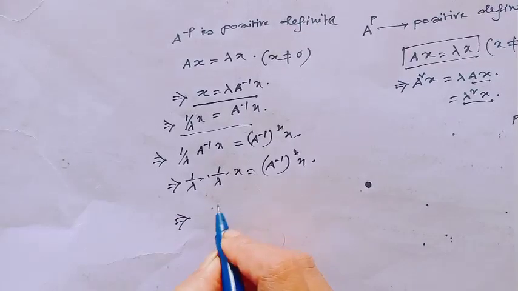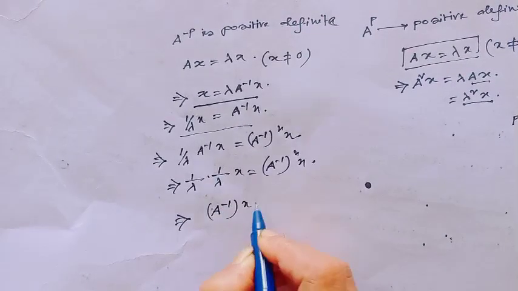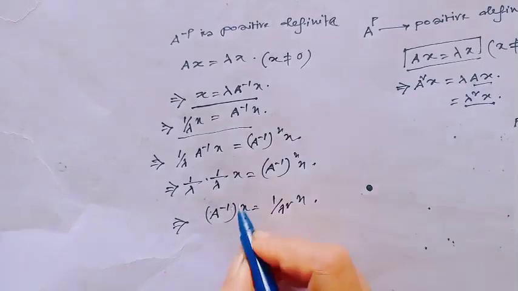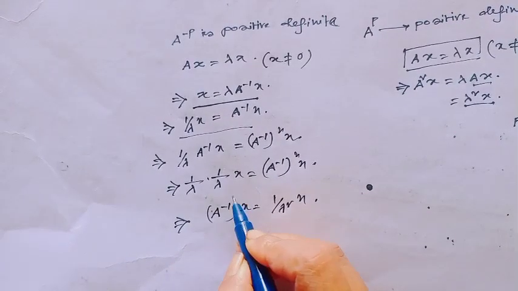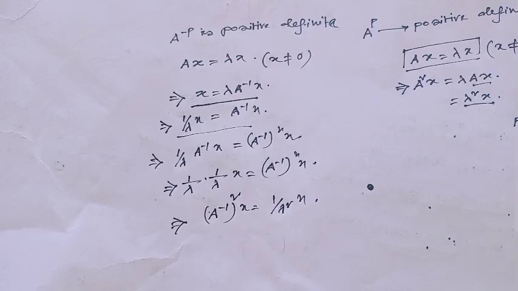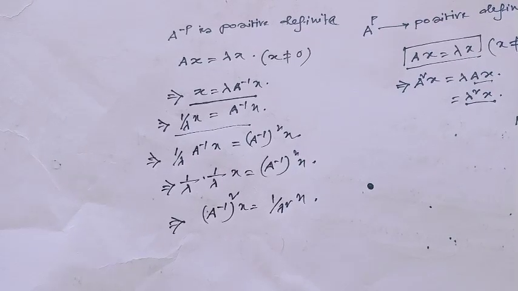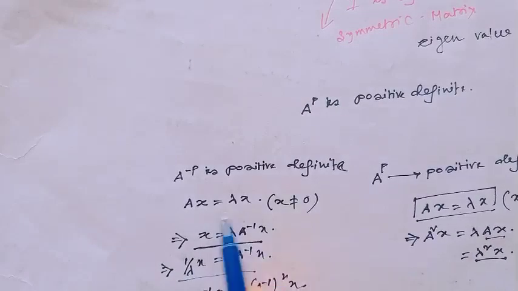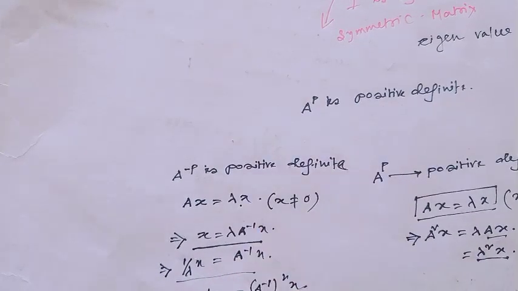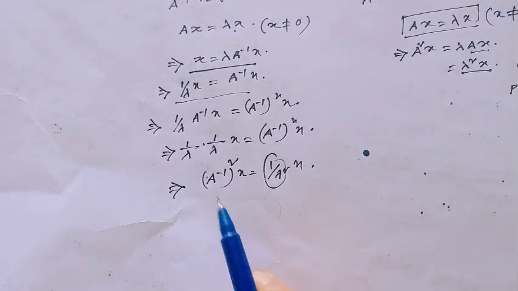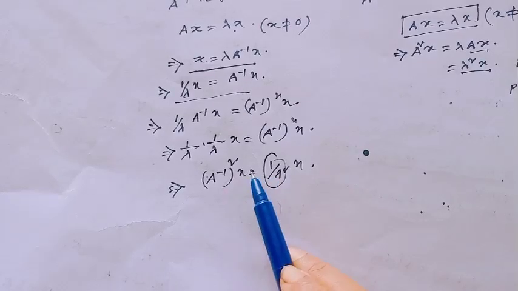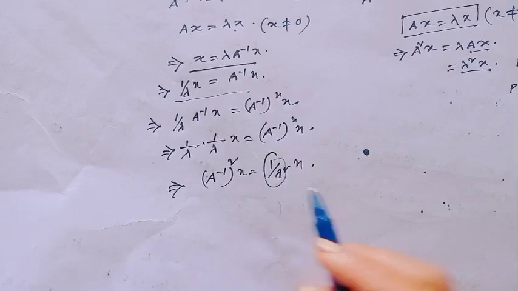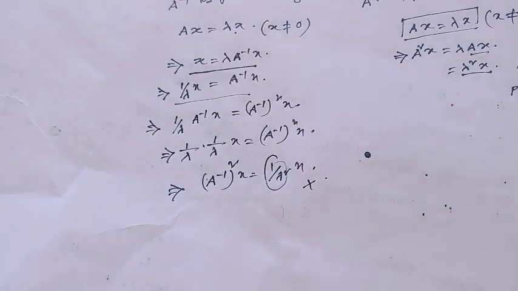That means A inverse x equal to 1 over lambda x, and A inverse whole square x equal to 1 over lambda square x. And if the eigenvalue of A is non-zero, then always A inverse squared has positive eigenvalues.